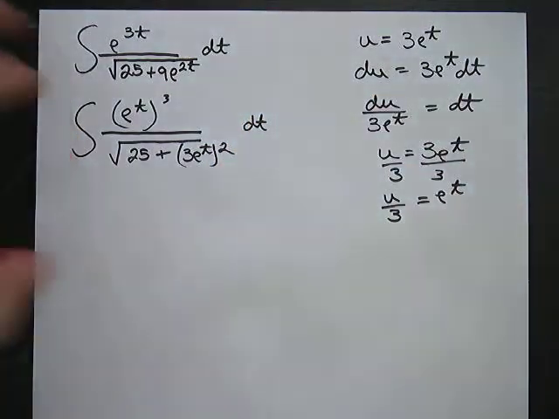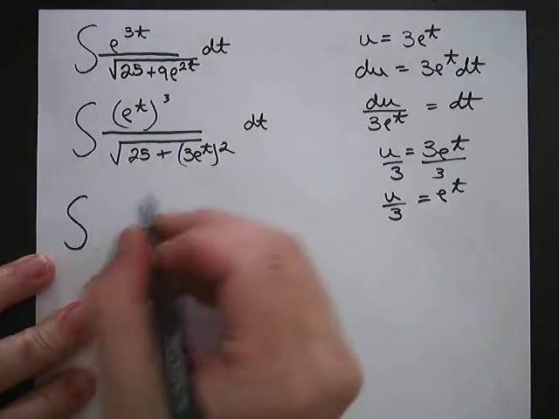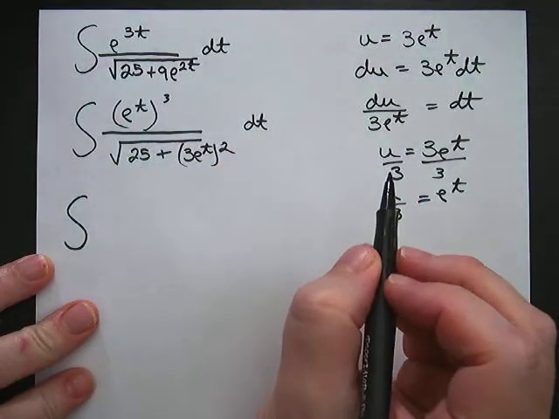All right, now we've got it written in a way that we can do our substitution. So we'll write the integral, and in place of e to the t, I'm going to write u over 3.